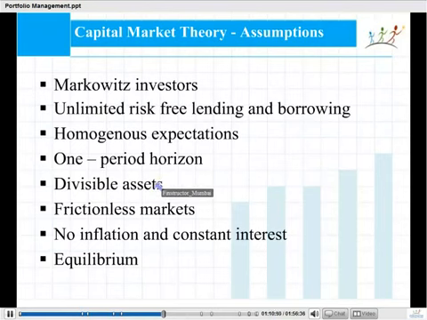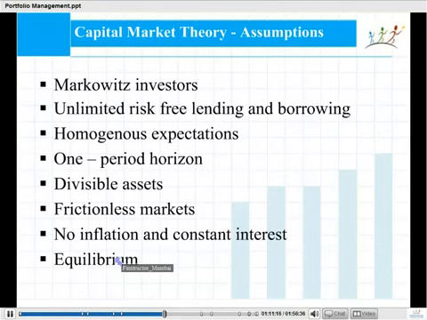Assets are infinitely divisible. Markets are frictionless, that is, there are no brokerage costs, there are no transaction costs, there is no inflation, and interest rates are constant. So the risk-free rate is constant, it's not varying. And markets are in equilibrium. It means all assets are fairly priced at the moment. There is no arbitrage opportunity. There is no undervaluation or overvaluation.